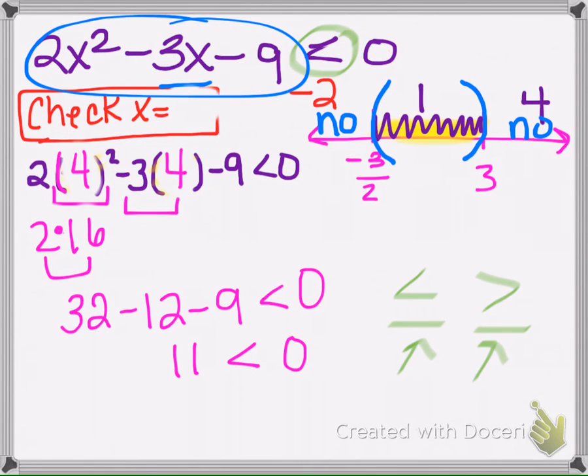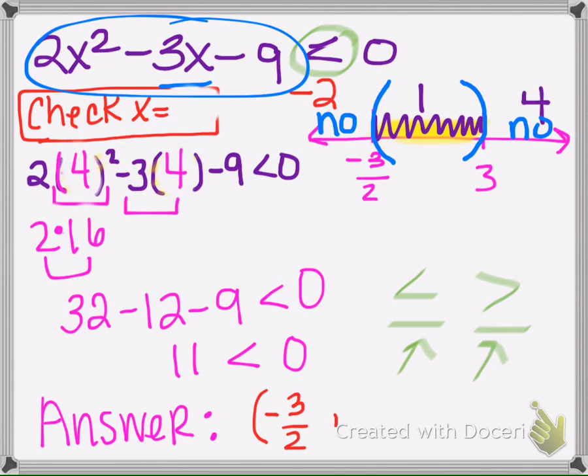So our answer would be: x can be any number in between negative 3/2 and 3.